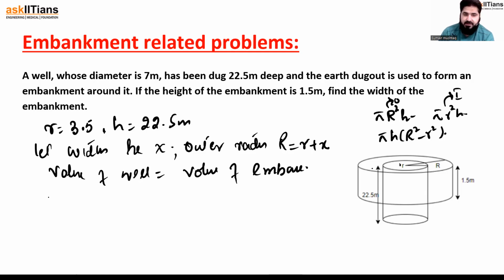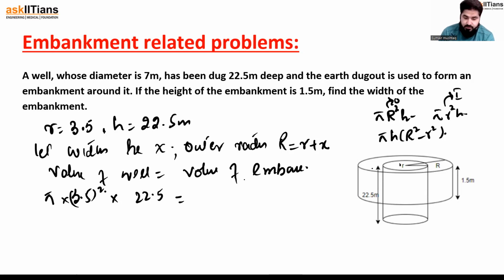What is the volume of the well? Pi r square h. What's h? 22.5. Fine.